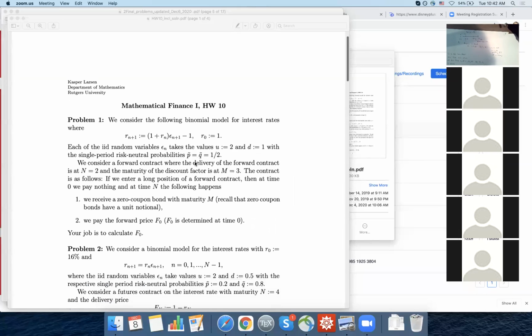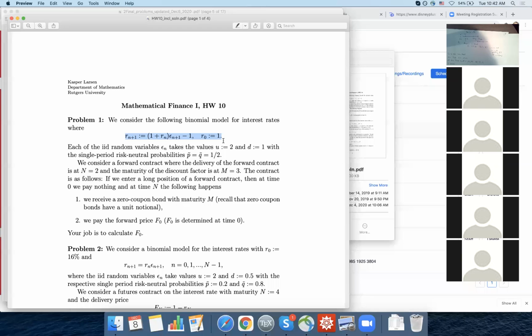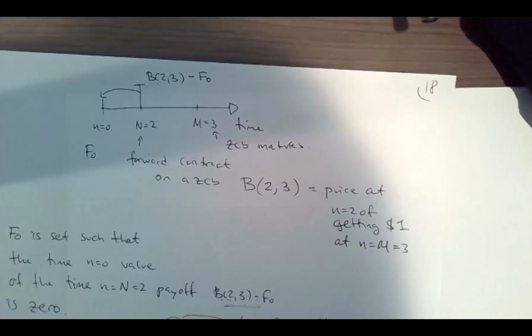Right, it's up here. If I want to get R1, I pick n to be 0. I get 1 plus R0 times epsilon 1 minus 1. Okay, let's copy paste that into the sheet here.